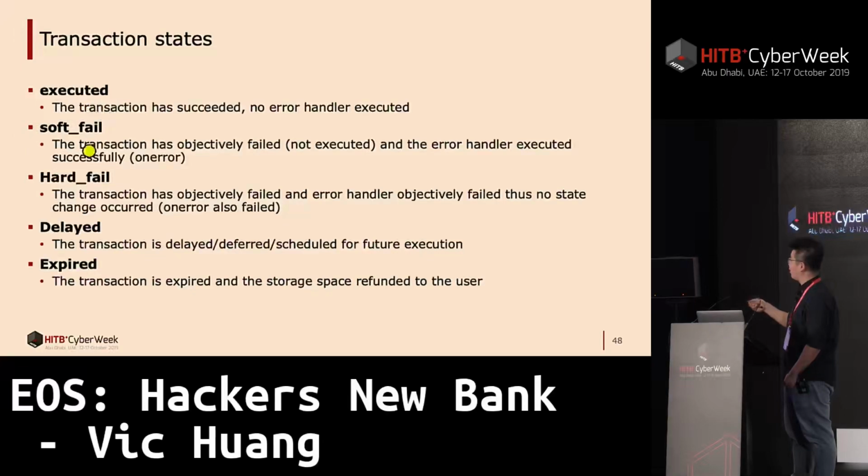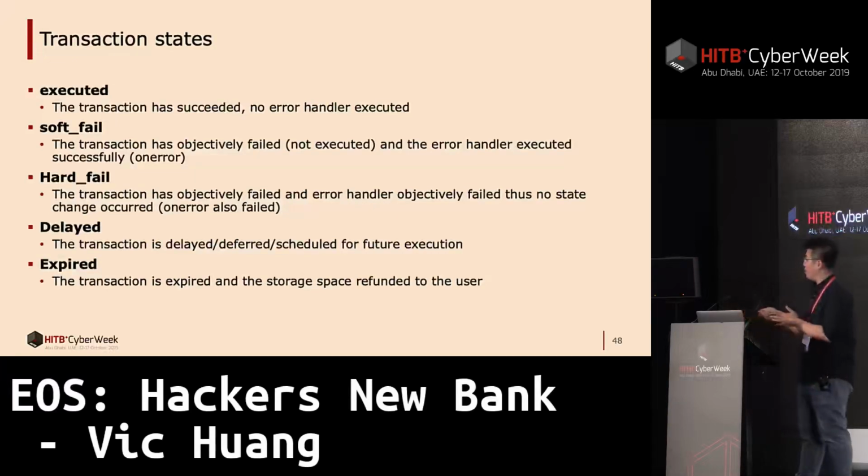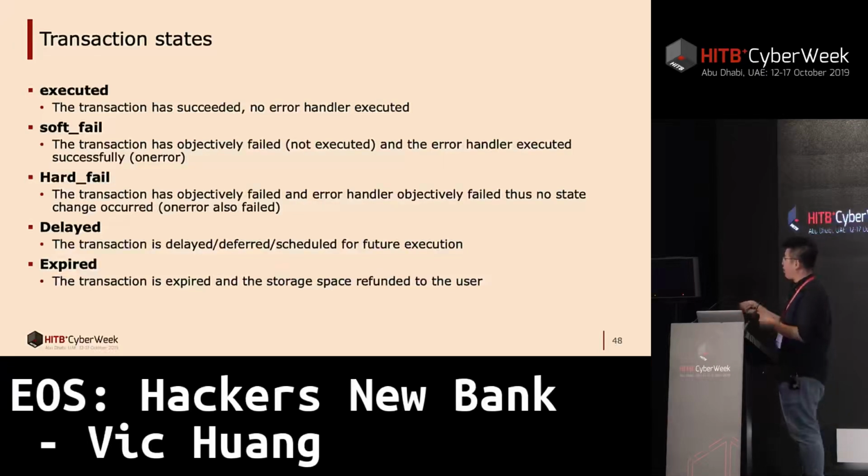First is the soft fail. A soft fail is when the logic in your code doesn't pass, which causes the error. This is the way we used in the attack we mentioned before.